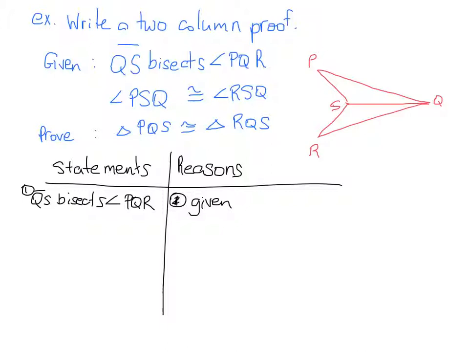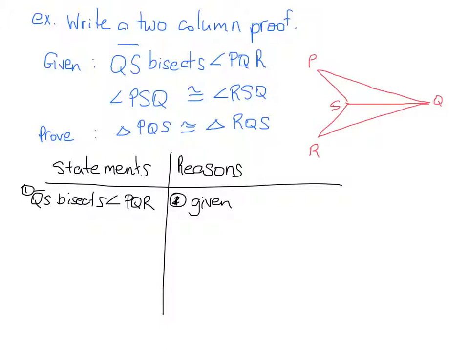All right, we were given something else, but before we move on to the next thing given, there is something important about why they gave this to us. Well, QS bisects angle PQR. So this is a bisector right here for this angle, which means that it cuts this angle directly in half. Otherwise saying, PQS, this angle here, is going to be congruent to RQS, this angle here.